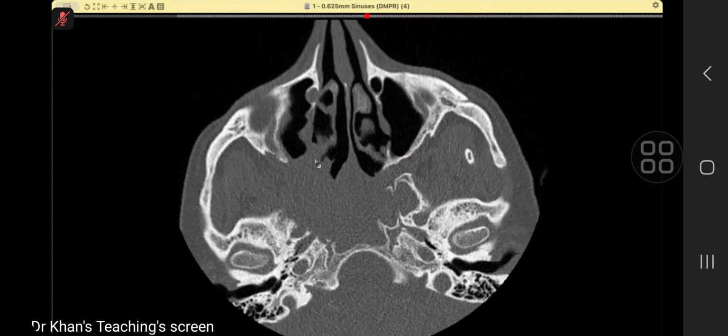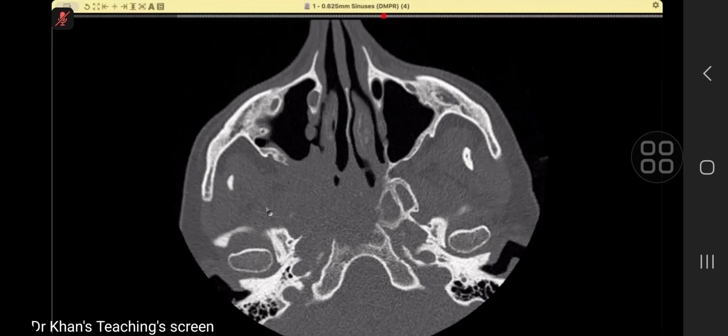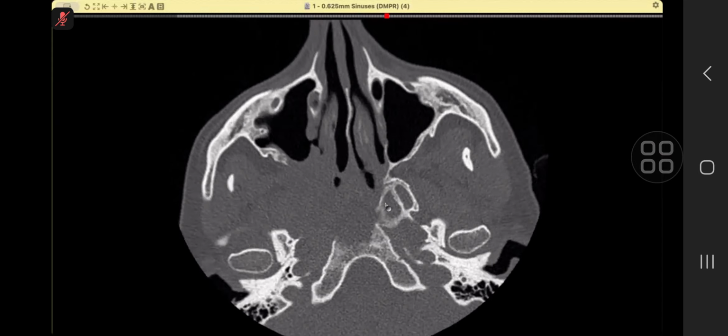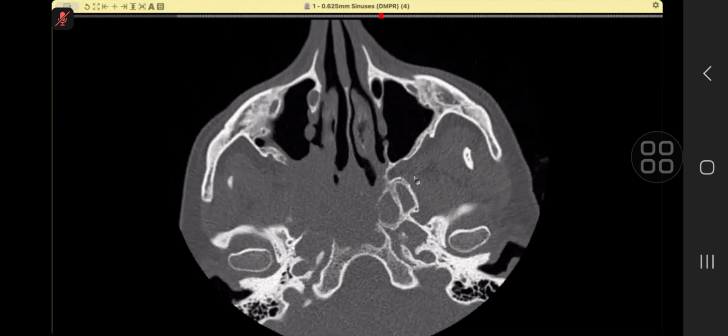Sir, it is just posterior to the maxillary sinus region. Yes, sir, there is involvement of the bone. I am not able to appreciate any bones here. Point out the normal base of the skull, the pterygopalatine fossa on the other side. Point it out to me on the other side, on the normal side. Yes, sir. Sir, this one? Show me the anatomy of pterygopalatine fossa on the normal side. Point it out to me.